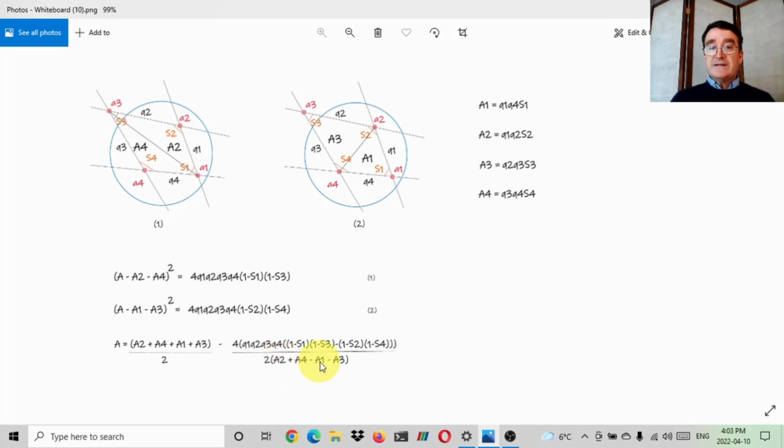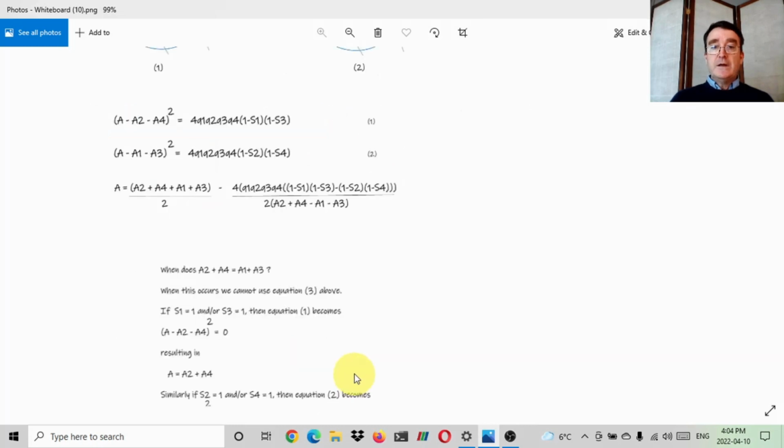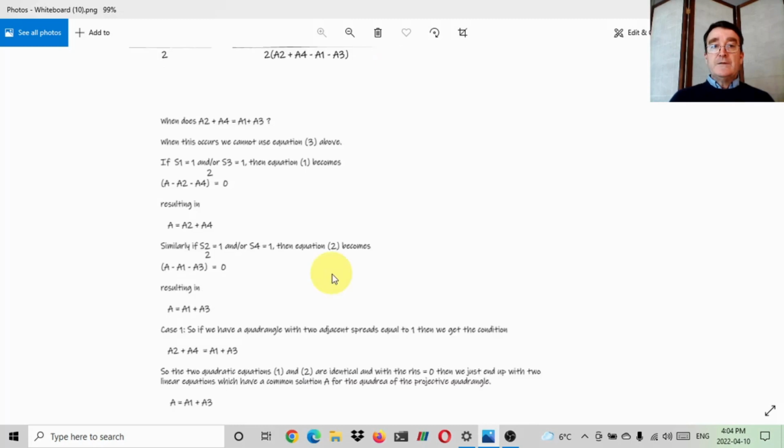So when does this occur? When this becomes 0, we cannot use this equation. One situation where it occurs is when the spread S1 or S3 is equal to 1.